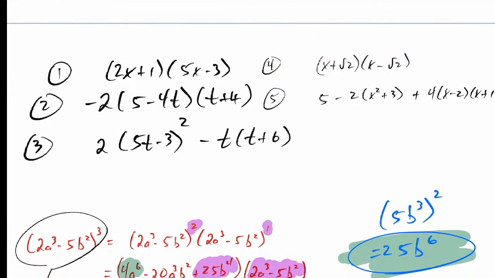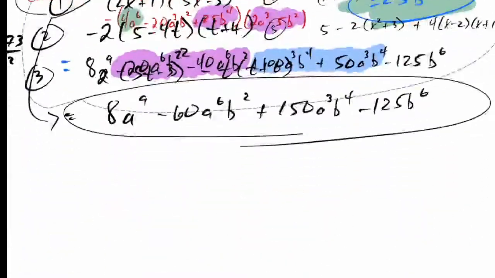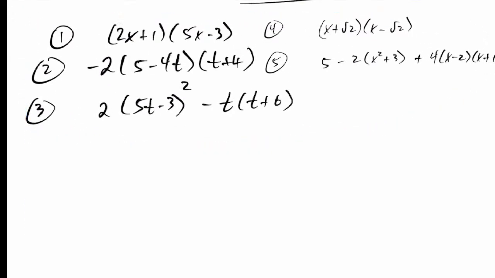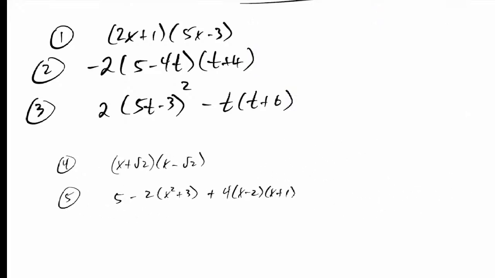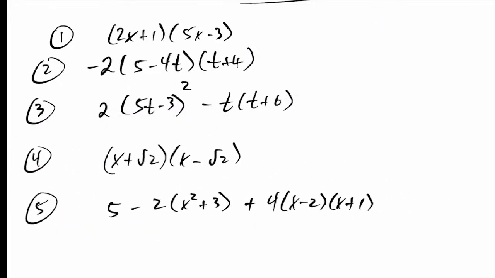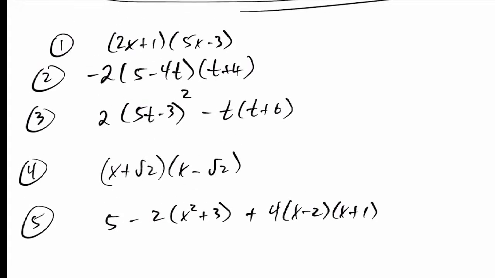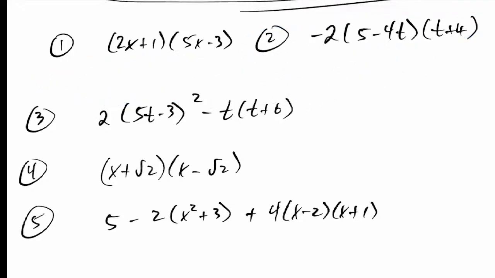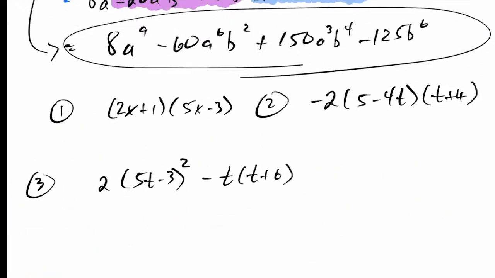All right, let's take a look at these numbers 1 to 5 here. I can take some of these up here. I'm just making a bit of room here as I go through these.